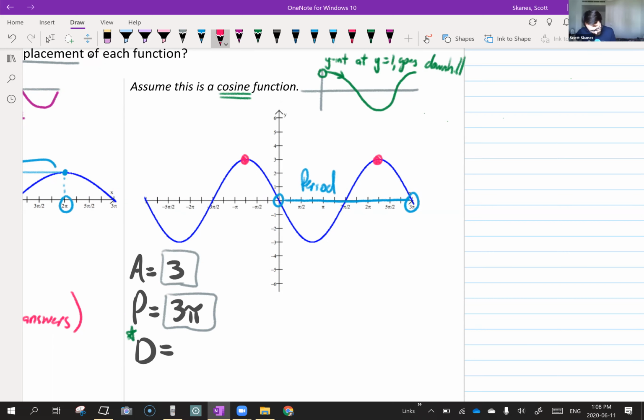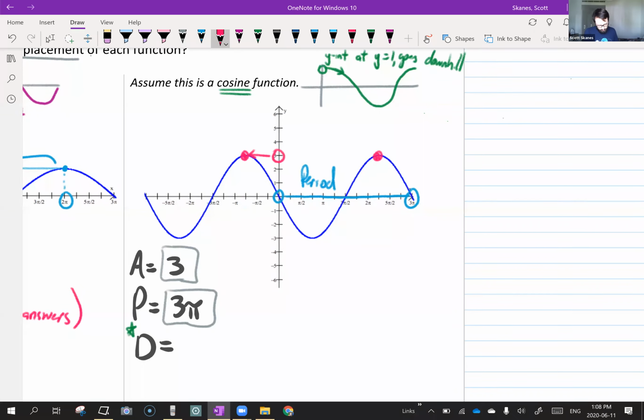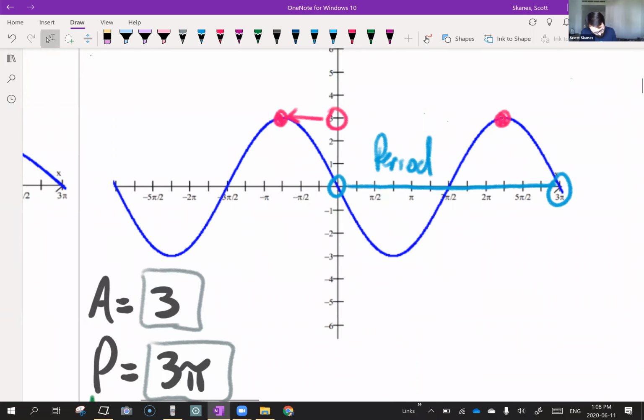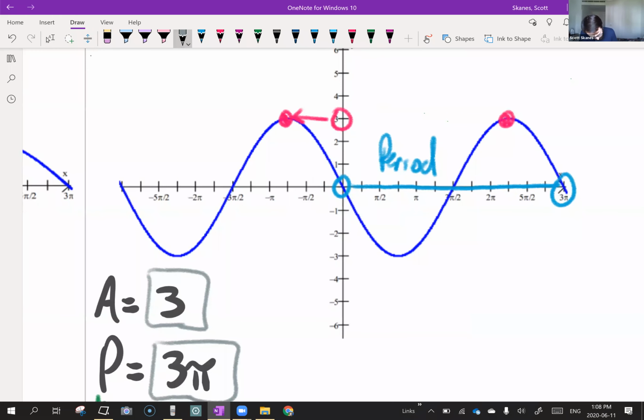We compare it to cosine, normally starts right here. So we either go left or right. So the quickest way is to go left. That value, what you'll see here is that this distance is negative pi over 4, and it's negative 2 pi over 4, and it's negative 3 pi over 4.